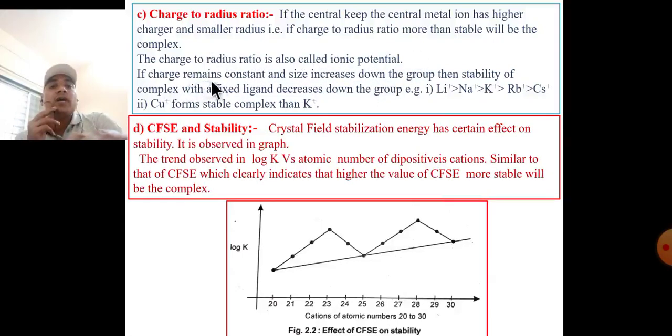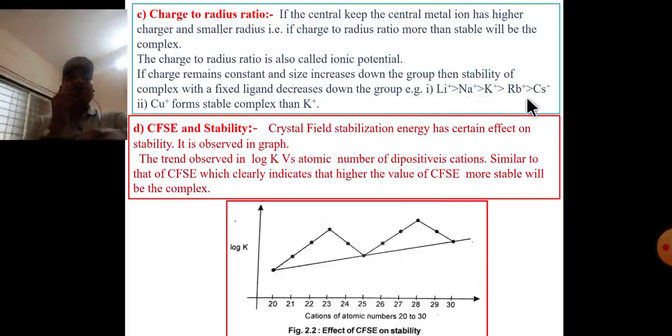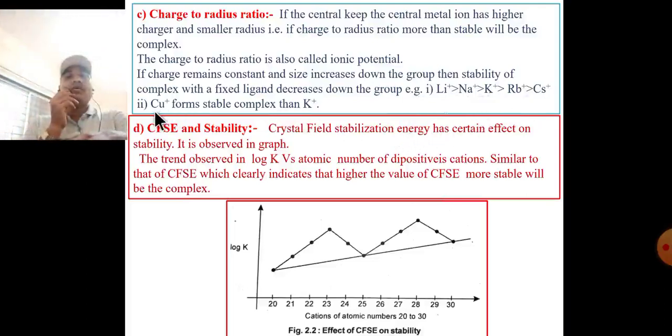If charge remains constant and size increases down the group, the stability of the complex decreases down the group: Li+, Na+, K+, Rb+, Cs+. Second point, Cu+ forms a more stable complex than K+.